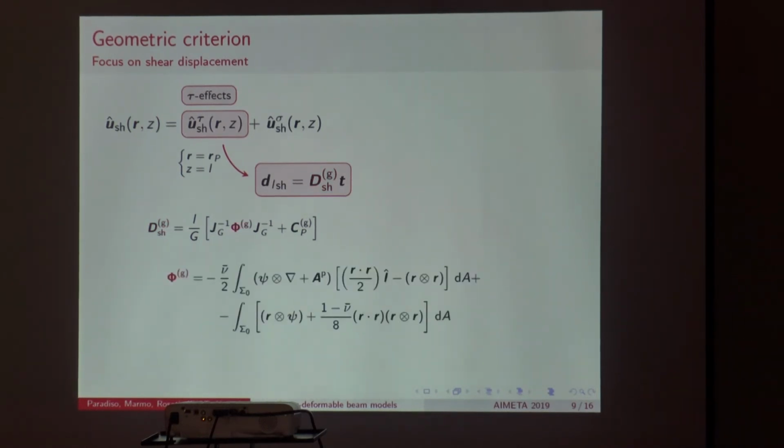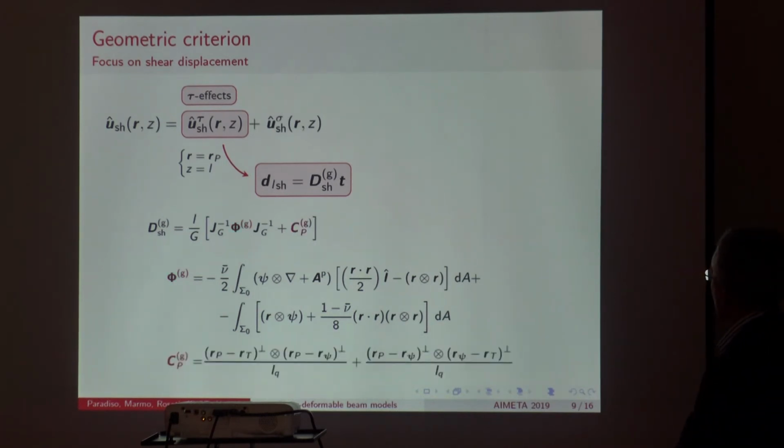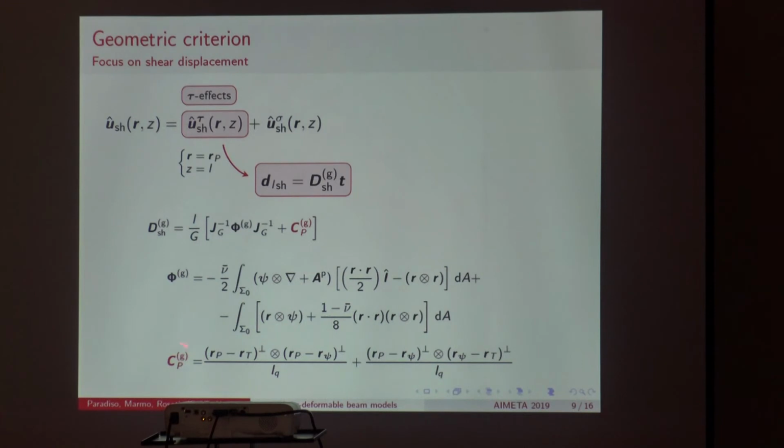In the geometric approach, we have a formula that seems to be quite similar to the one we have derived from the energetic approach, but there is a certain difference between these vectors, this tensor, that, as you can see, depends on the warpage of the section, but explicitly depends upon some geometric properties, some constitutive properties, while the additional term looks quite similar to the other one, and as a matter of fact is exactly the same, although written in a rather different form.